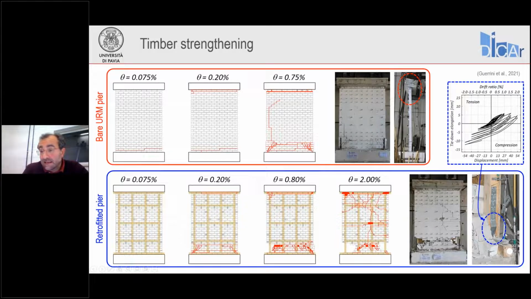You can see that this element is shortening progressively as we go on with the test. This shortening is related also to the loss of masonry in this region and the fact that all this timber is carrying the load and is basically punching through the bottom sill plate here, and this connector is buckling because of this imposed axial compressive deformation.